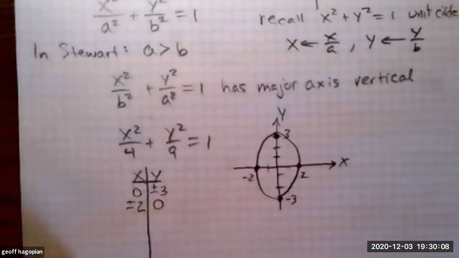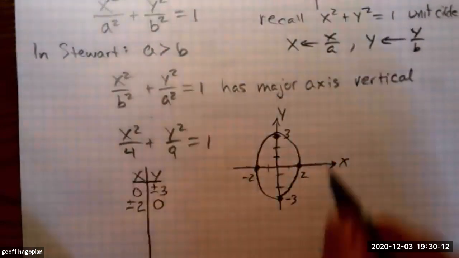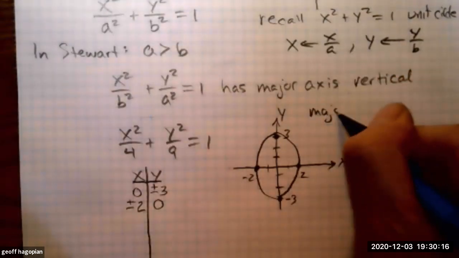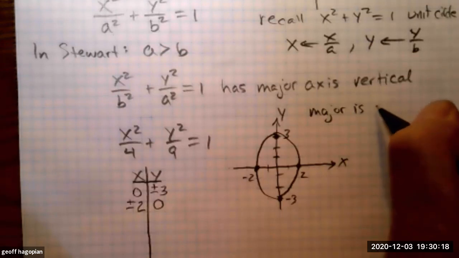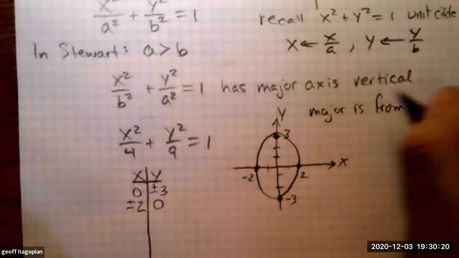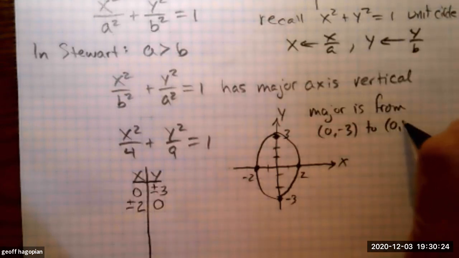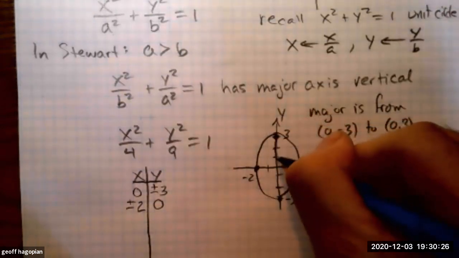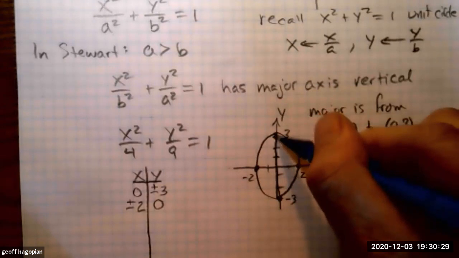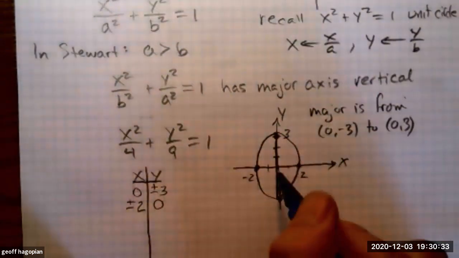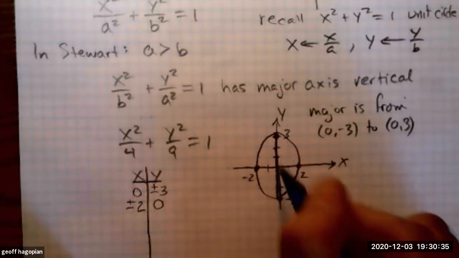So where are the foci? They're on the major axis, which is the longer axis. The major axis is from 0, negative 3 to 0, 3, or the other way around. It's this line segment here. That's called the major axis. The semi-major axis is from the origin to 3, so that's half of the major axis.